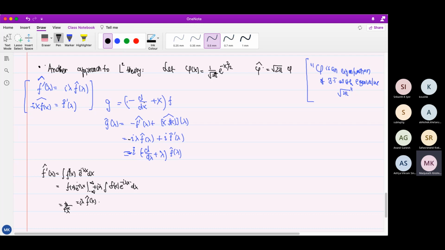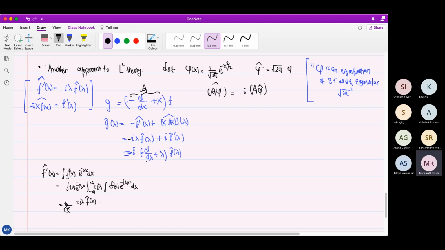So what we do now is keep applying this operator. Let's call this operator A, which is minus d dx. If you take A phi hat, it will give me minus i times A applied to phi hat.